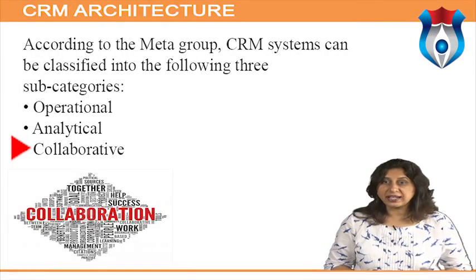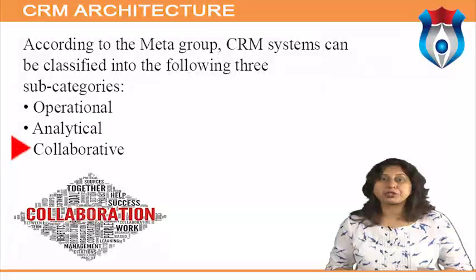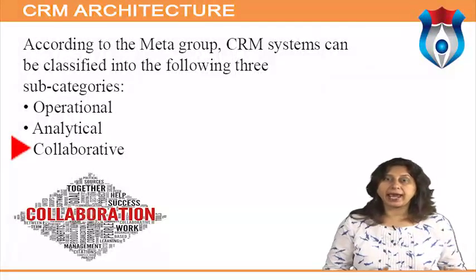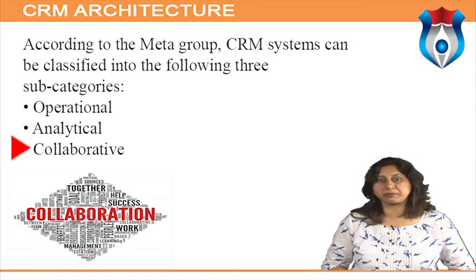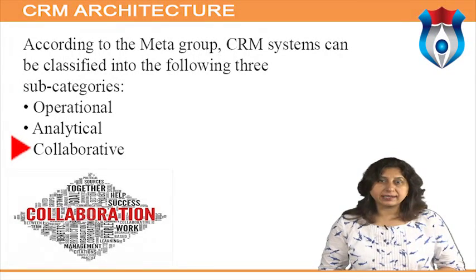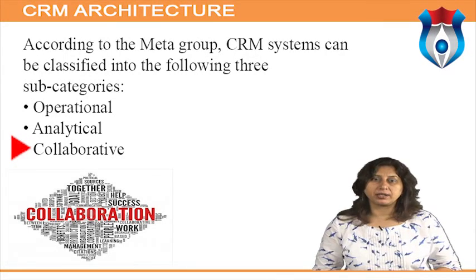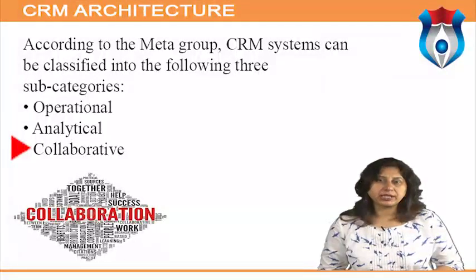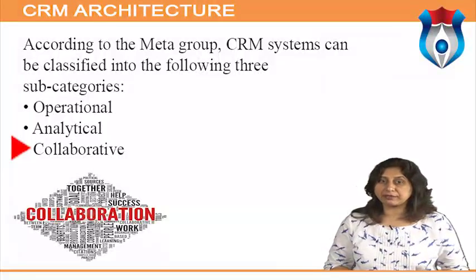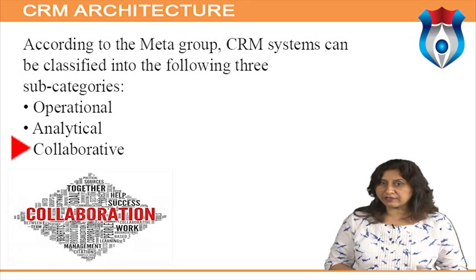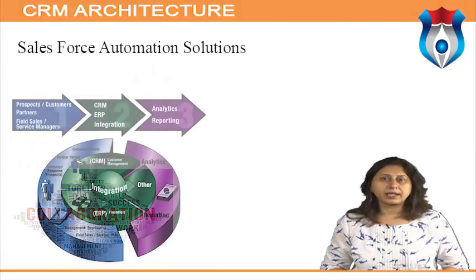In contrast, KM systems support the collection, sharing, and use of less structured information such as documents, explicit knowledge, and employees' implicit knowledge. This knowledge is especially needed in the CRM delivery processes to satisfy customer needs.